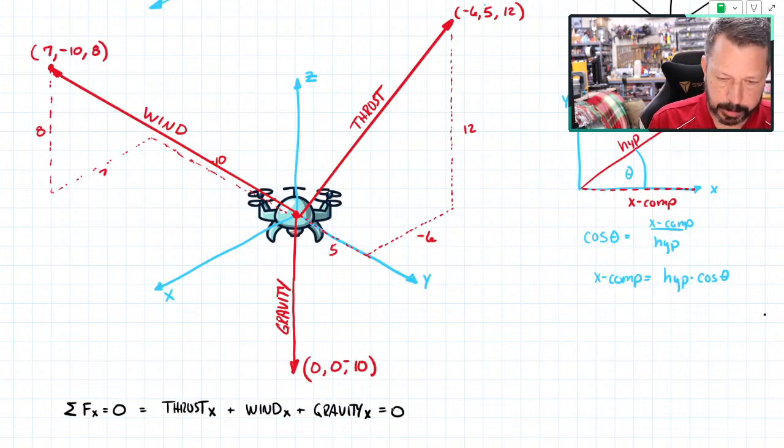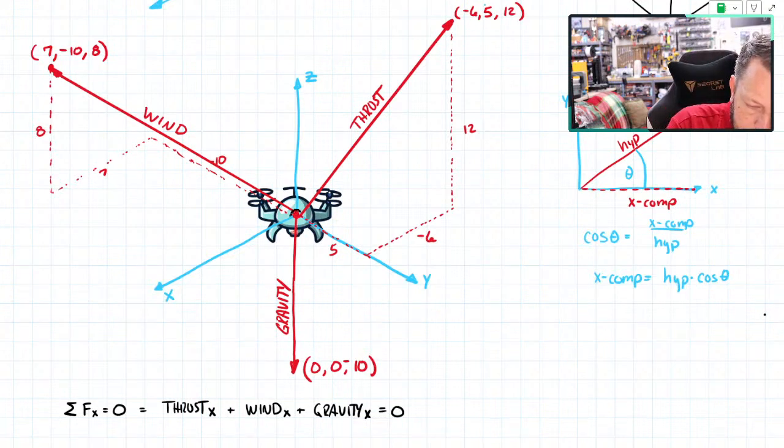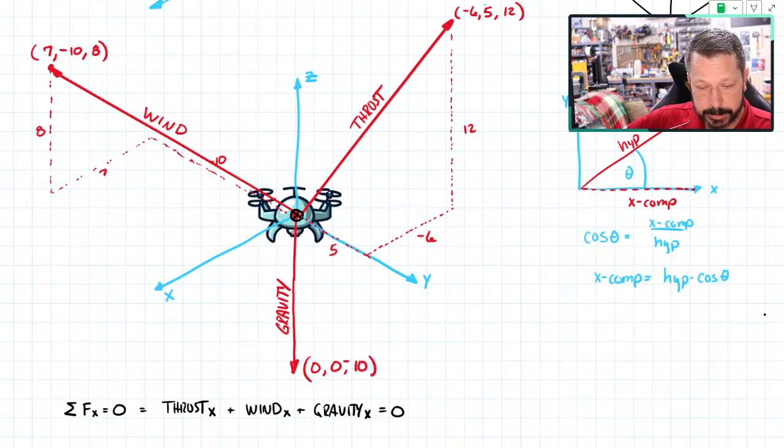If I wanted to find the x component of the thrust, the x-axis is kind of coming out towards me. It has an x component. It's at the very top of the screen, but -6 is the x endpoint of the thrust. It started at 0, 0, 0 at the origin. Remember, this is a concurrent force system, so all the forces will intersect at some point. I made that point right here in the middle of the drone, and that's where all the forces intersect.